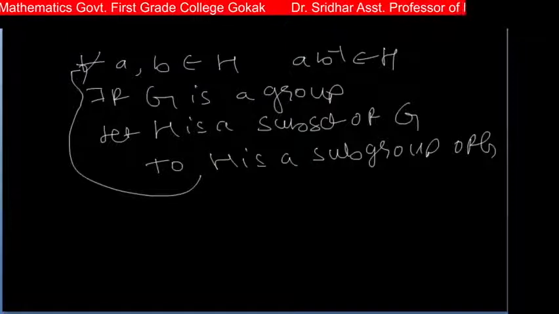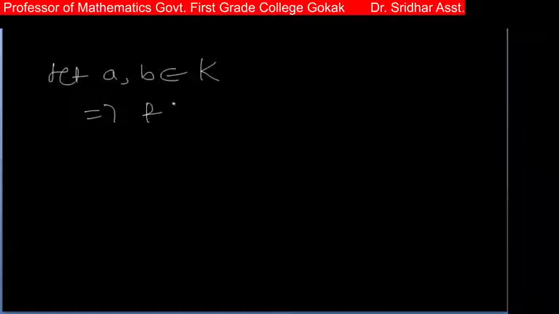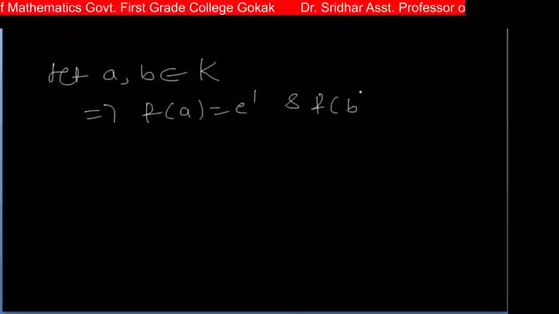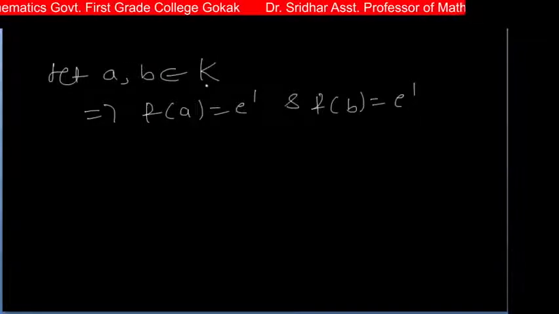Okay, so here first we show that K is a subgroup of G. Now let a, b belong to K. So a, b belongs to K means that f of a is equal to e dash and f of b is also e dash, because this is a kernel.